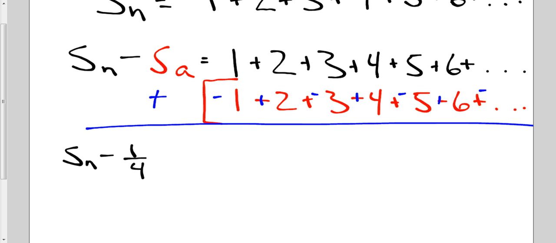Now, 1 minus 1 is 0. I'm going to write these down individually. 0. 2 plus a positive 2 is 4, plus 4. 3 plus a negative 3 is 0. 4 plus a positive 4 is 8. 5 plus a negative 5, 0.